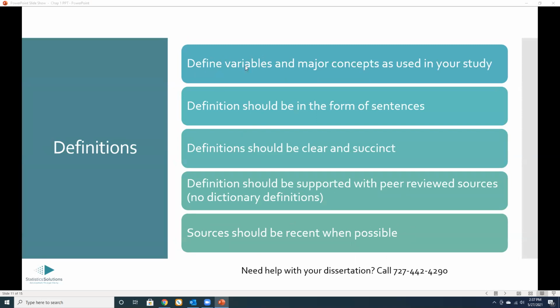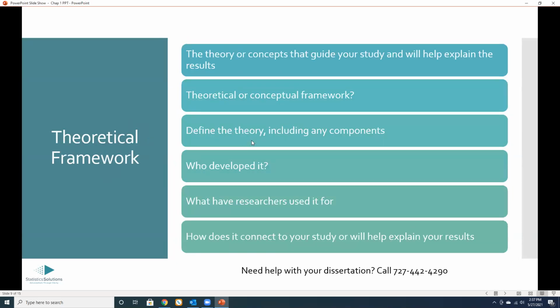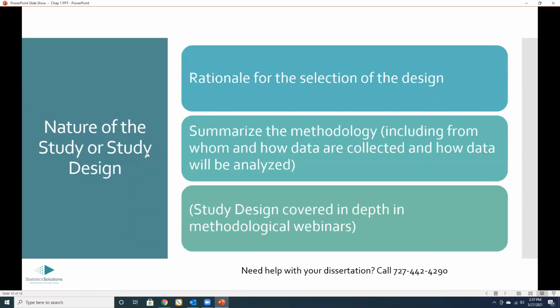Obviously, any variables would be defined in the definition section. And in the nature of the study section or in the study design, you would definitely talk more about your variables in those sections.